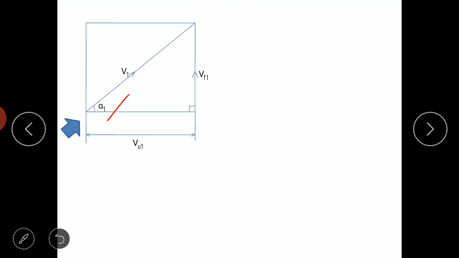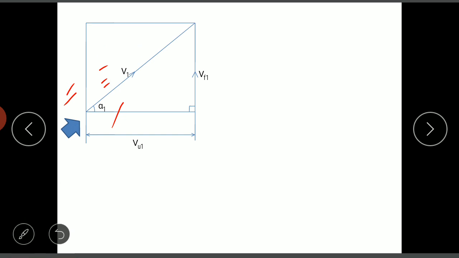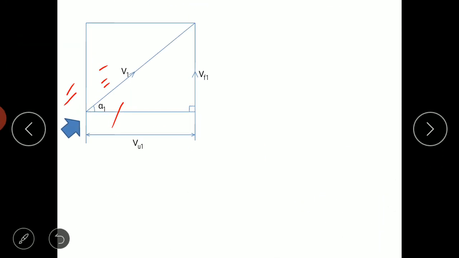Now we'll treat V1 like a force and resolve it, one in the horizontal direction and one in the vertical direction. This can be taken as the horizontal direction line, and this as the vertical direction line.